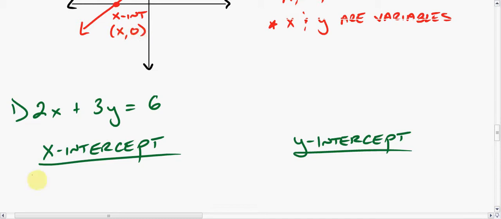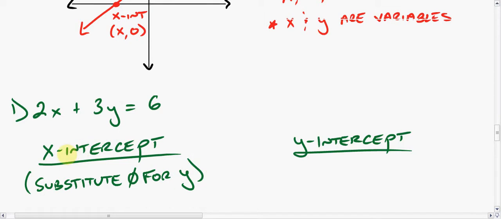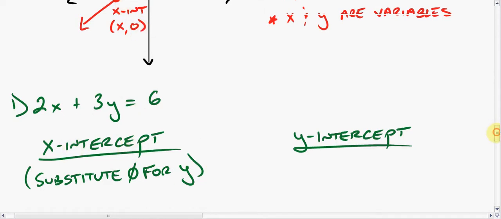It's 0. So you're always going to substitute 0 for y when you're trying to find the x-intercept.